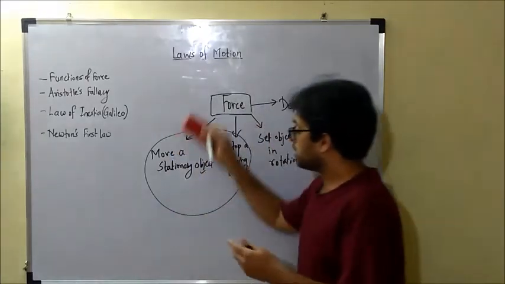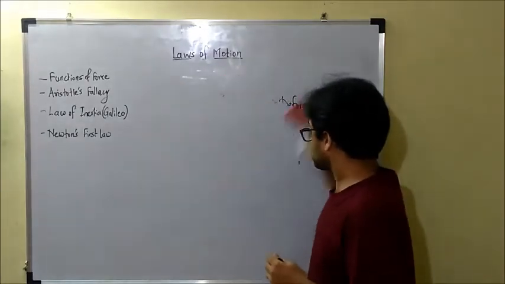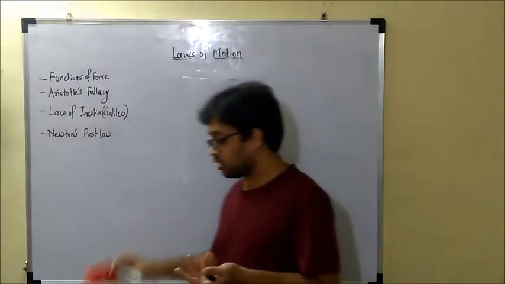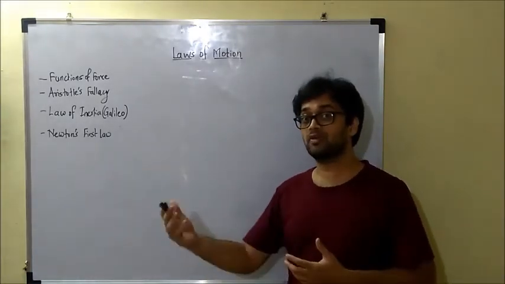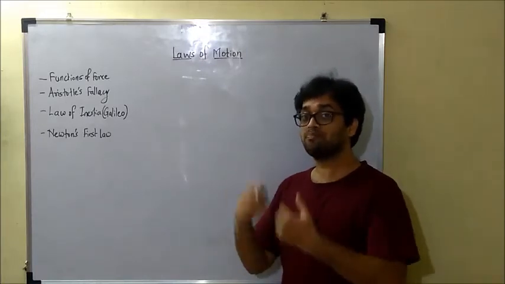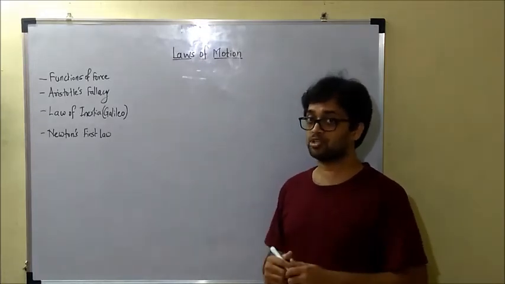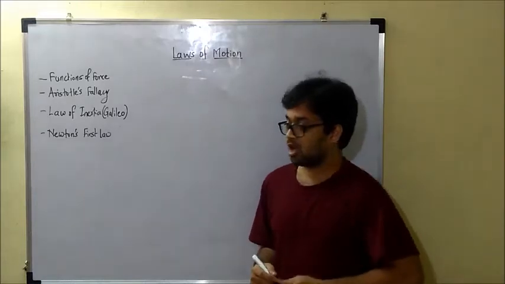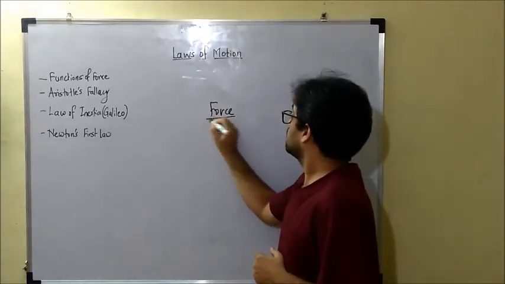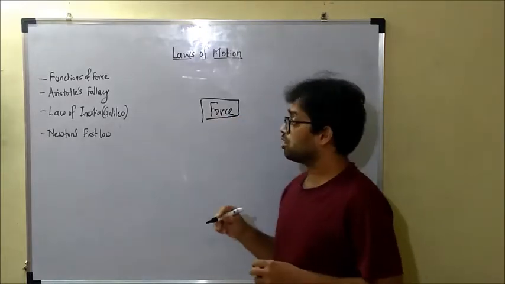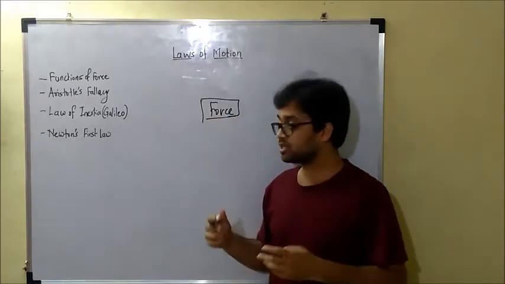Okay, but what happens to this force? Is it in the picture when an object is moving with constant speed or constant velocity? Is the force really in the picture there? In fact, that question has been a very important question for so many years.